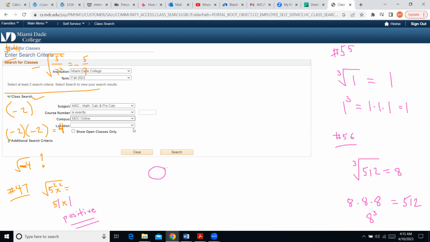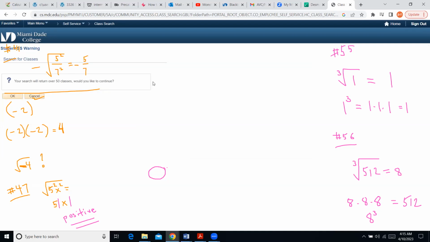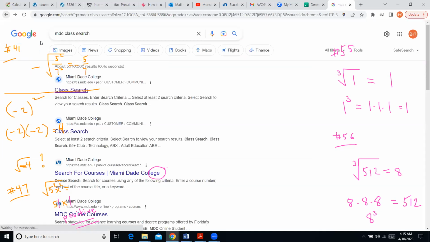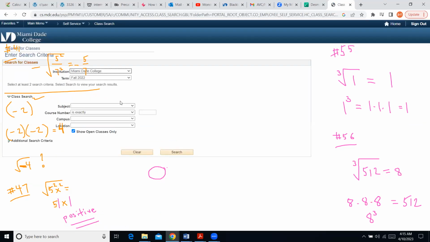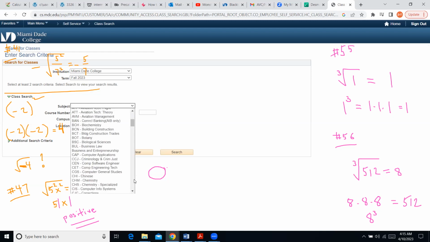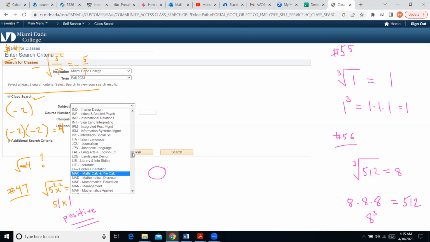So once you selected the campus, then you can just click search, and you will get a whole bunch of classes. Oh, too many classes. So there are lots of classes, so you need to be a little bit more specific. I just didn't know we had so many classes. So if I go fall again, subject MAC, so I guess you need to know the class a little bit better.